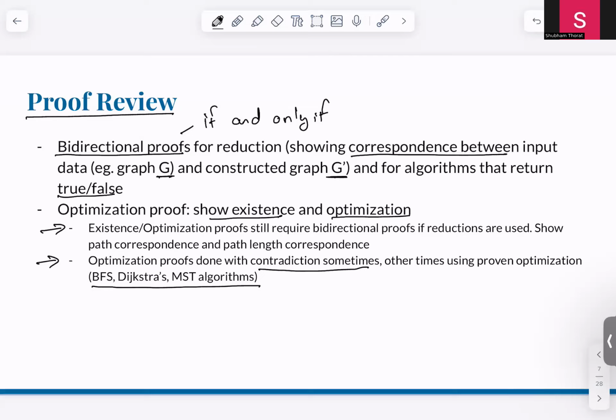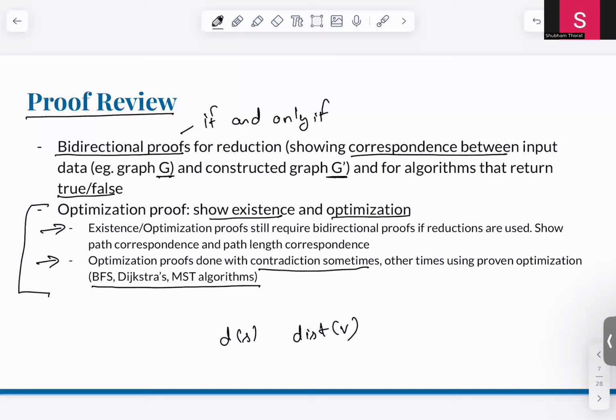So for optimization, you can look at Dijkstra's algorithm. There we actually show that the path that we are getting, the list of V, is actually the best possible path. So I think we compare this D of S and dist of S there. So this would be a good reference to see the optimization proof.